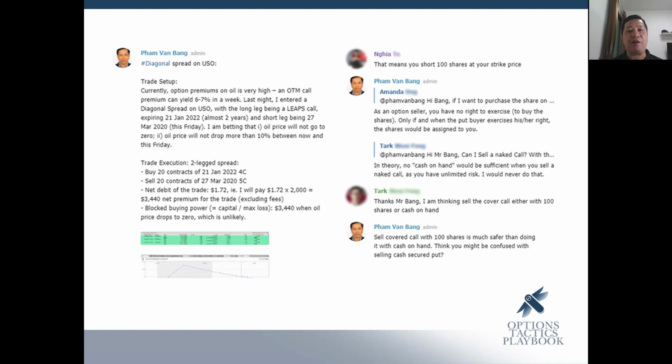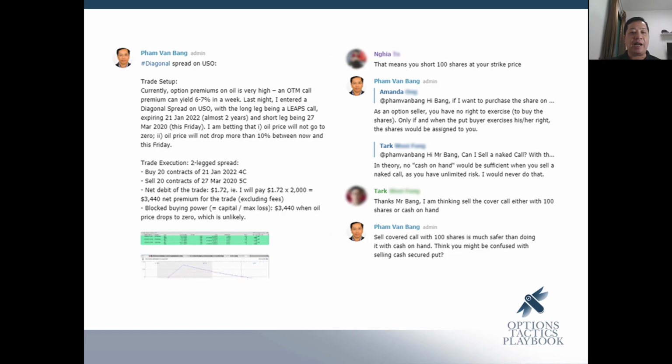Here is an example of how the Telegram chat groups look. On the left-hand side is the one-way channel where I typically send out notifications. For example, this one, here's a trade that I just entered: the setup, the execution, the P&L, the risk reward ratio, and also leg by leg. If I have entered, I have the screenshot of the trade that I have just entered with the entry prices.